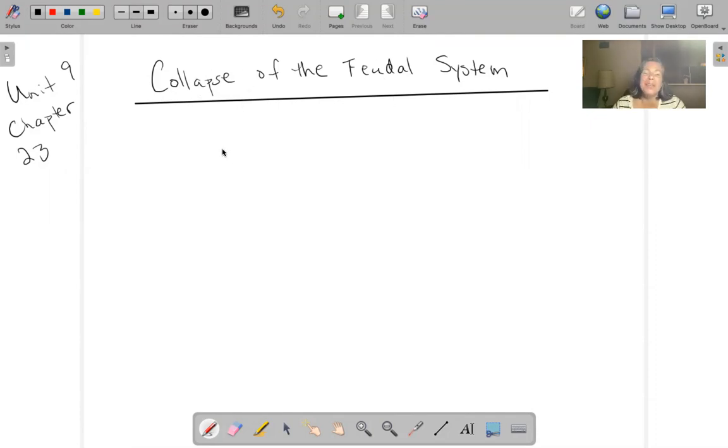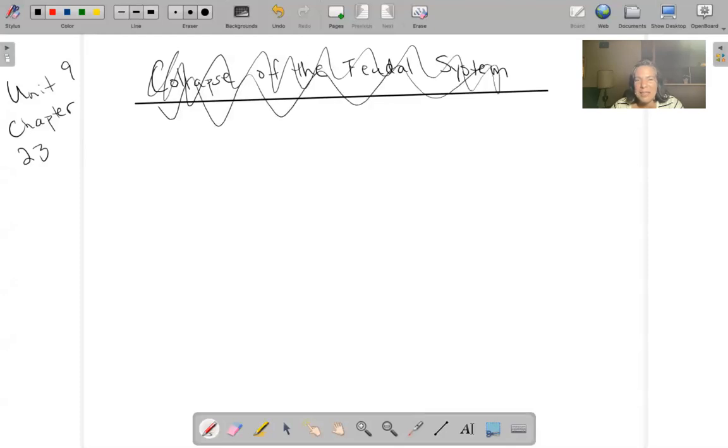Okay, we are moving on to Unit 9. We're beginning the collapse of the feudal system. But we're not even really talking yet about the collapse of the feudal system. That's just the title of this unit.